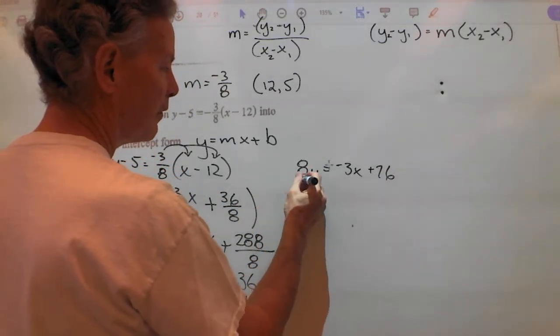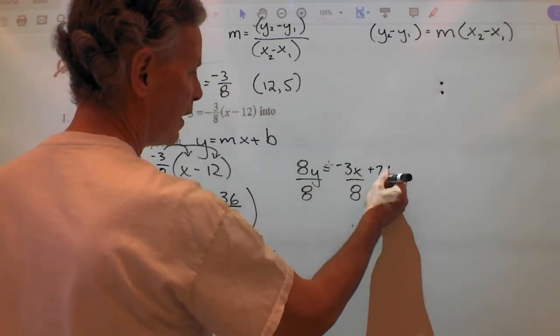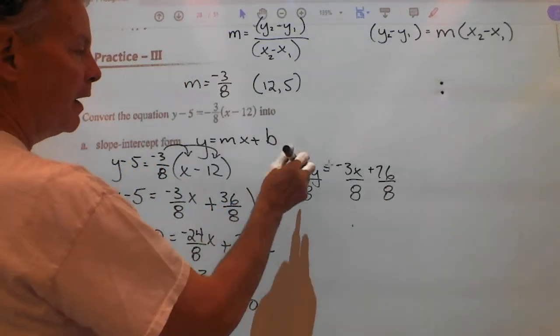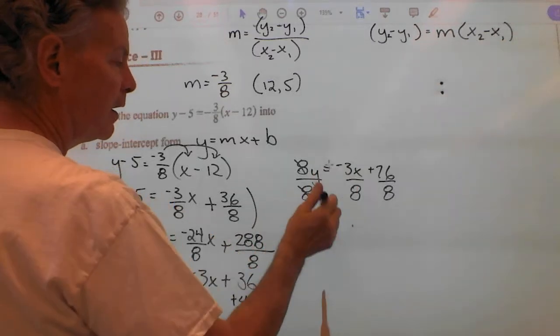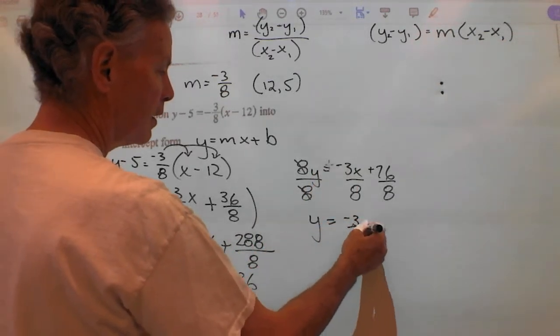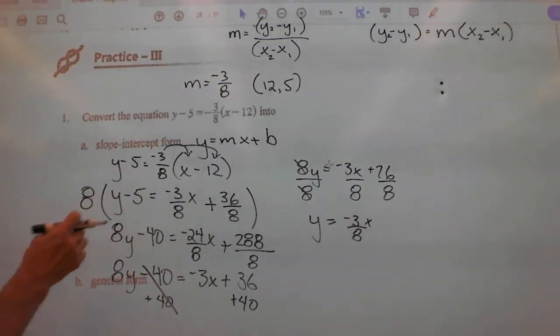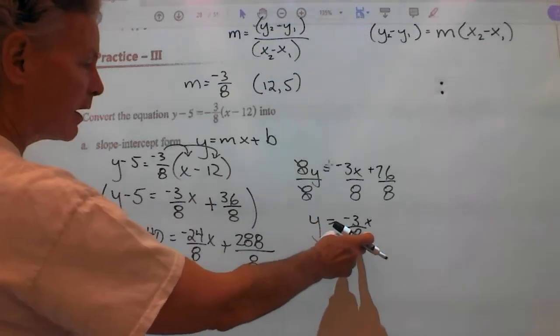So we're going to divide every term. Remember, whenever you multiply or divide, it's always got to be every term. Okay? So 8 divided by 8 will leave us with 1y. This gives us negative 3/8x, which, remember, was our slope. So this is a way of checking.